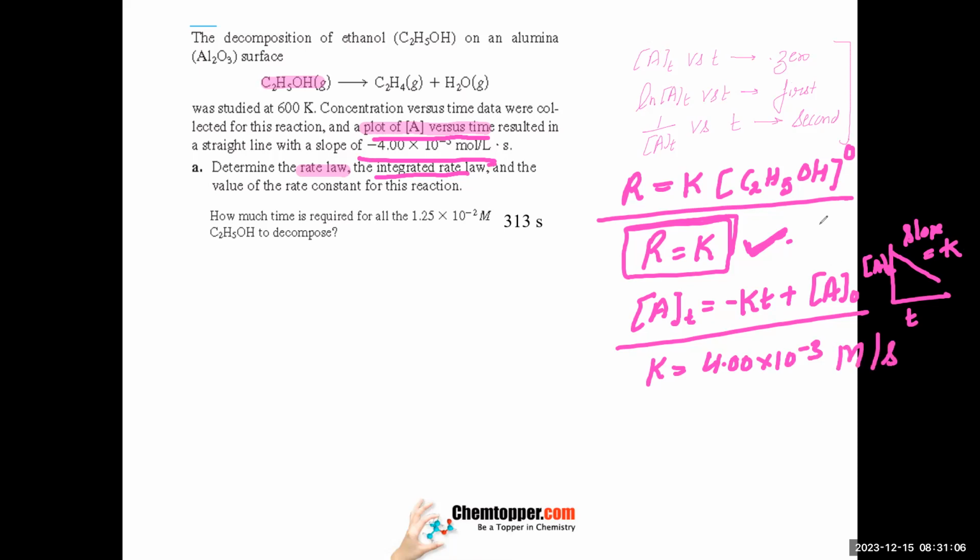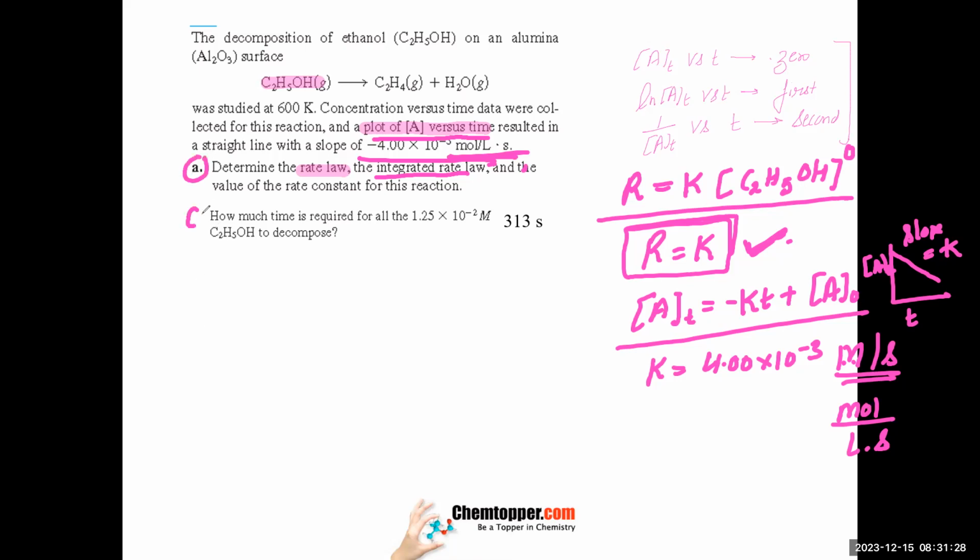Units are different. It's a zero order kinetics. Molar can be written as moles per liter per second. That's what they are writing. Molar means moles per liter, molarity. We know molarity very well now, right? So A part is done.